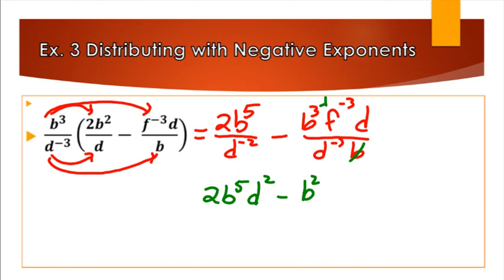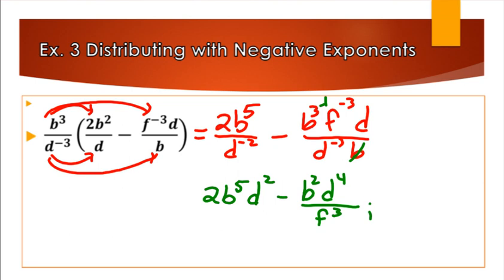The f to the negative 3rd, to make it positive, it has to go to the denominator, so f cubed is on the denominator. And then I have 1 minus a negative 3, which would be 1 plus 3, so this would be d to the 4th. So that's what our simplified answer would be.